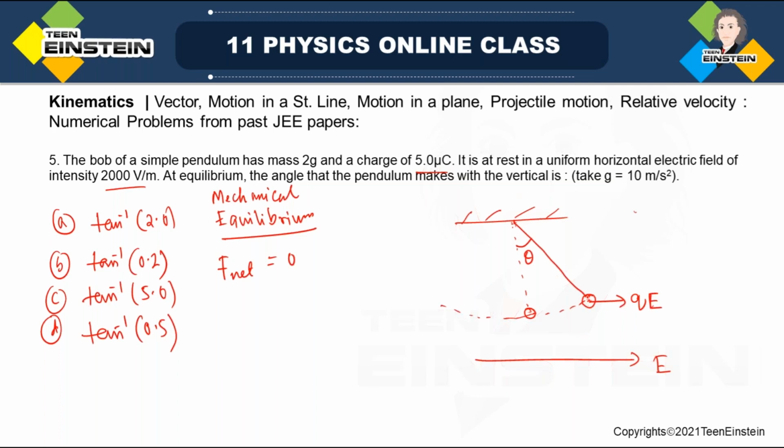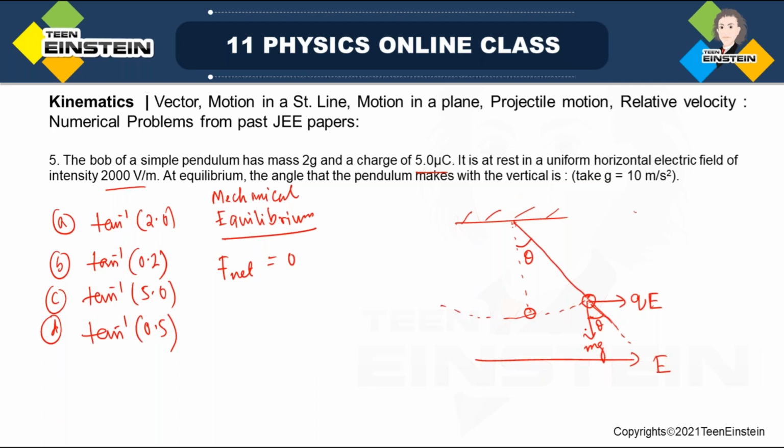If the string makes an angle theta, the weight mg also makes an angle theta with the string.